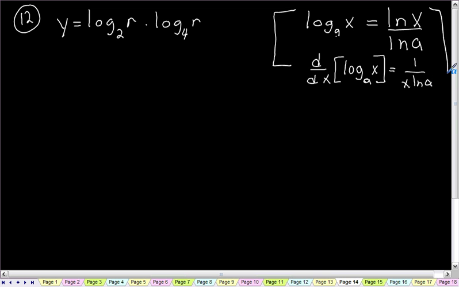That's what we have to remember. And we get this because we change this into this. We take the derivative of this, and we get this. The derivative of natural log of x is 1 over x, and ln a is just a constant. Simplify first.